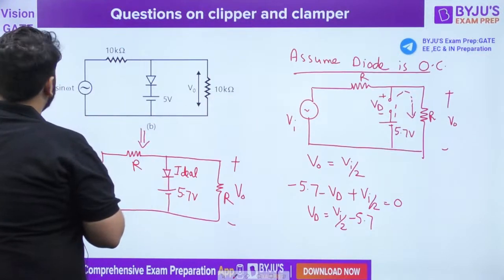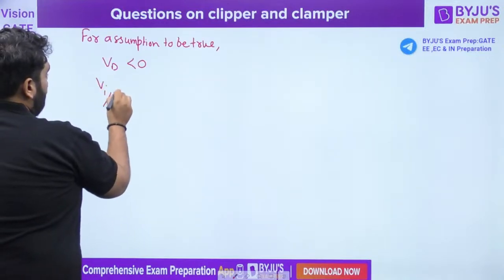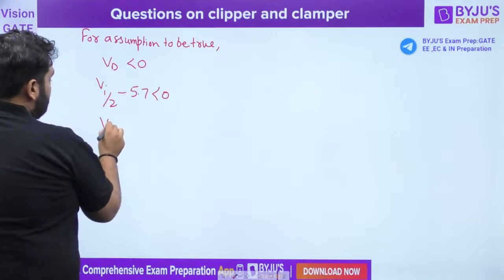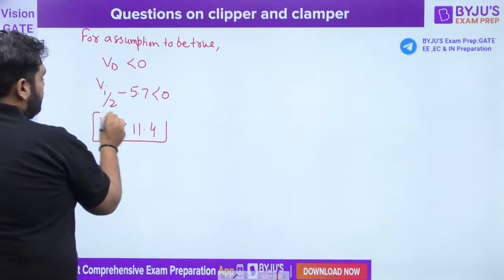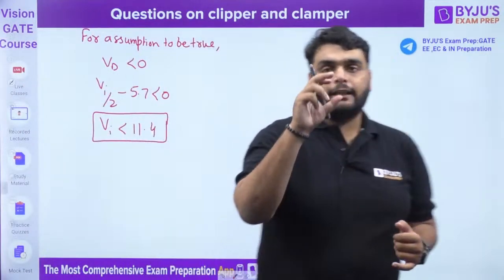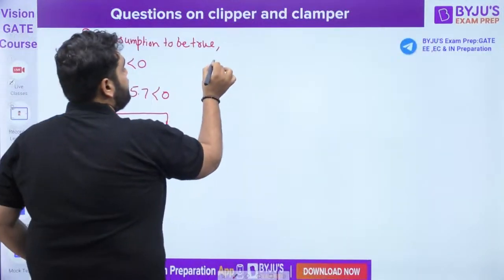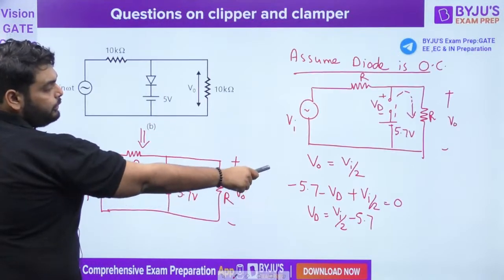So VI by 2 minus 5.7 must be less than 0, or I can say VI must be less than 11.4 volts. So this is the first condition we have: if the input voltage is less than 11.4, the output voltage is VI by 2.